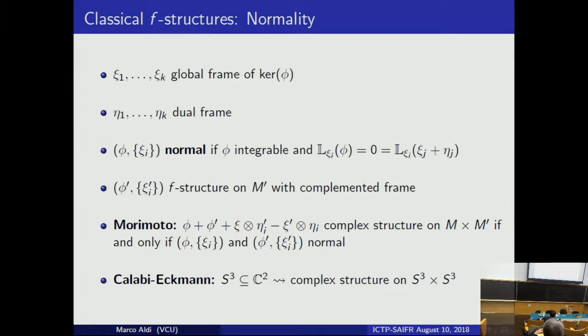That was Calabi and Eckmann's example, and Morimoto generalized to arbitrary products, and he realized that what really made the example of Calabi and Eckmann work was this structure of normality.